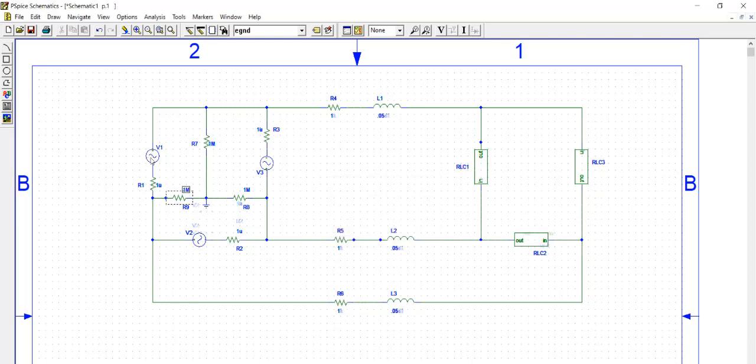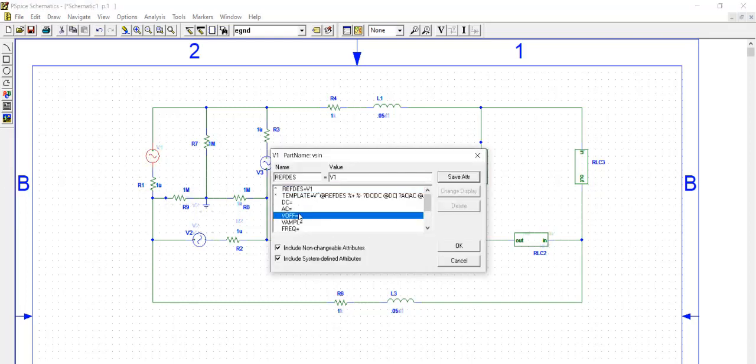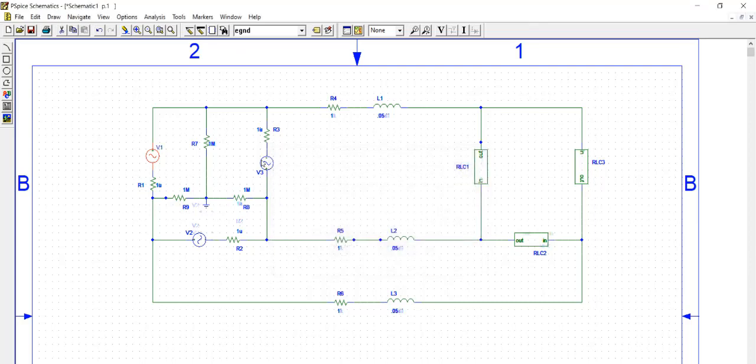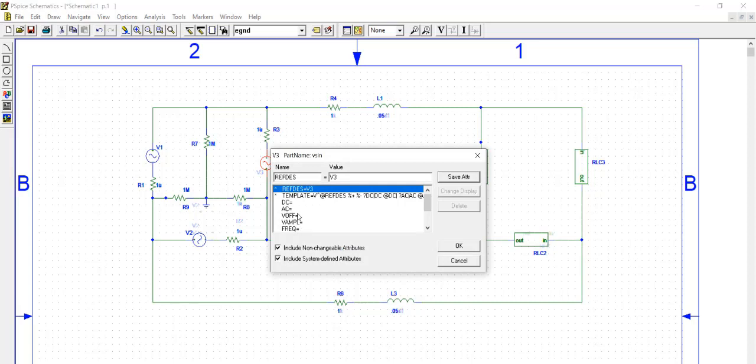Now our voltage sources: our DC offset is 0, amplitude 100, frequency 50 and phase angle is 0 for this one. Now for this source, again offset value is 0, amplitude 100 and phase angle is minus 120.